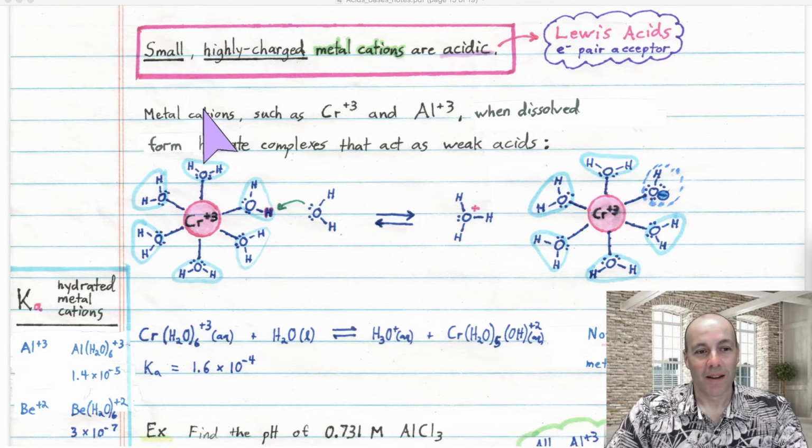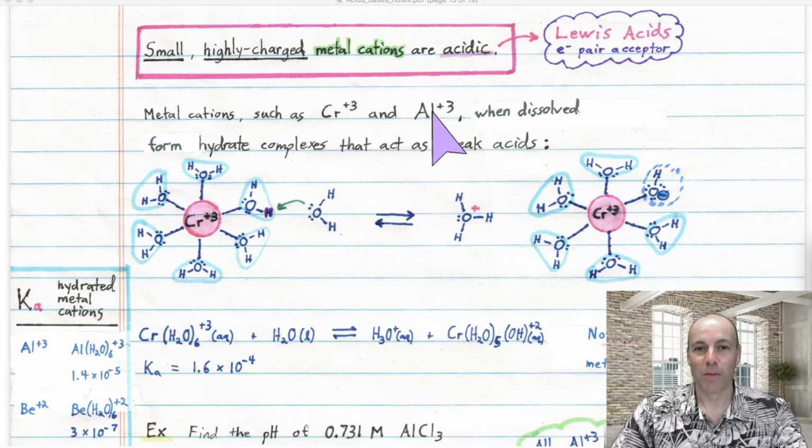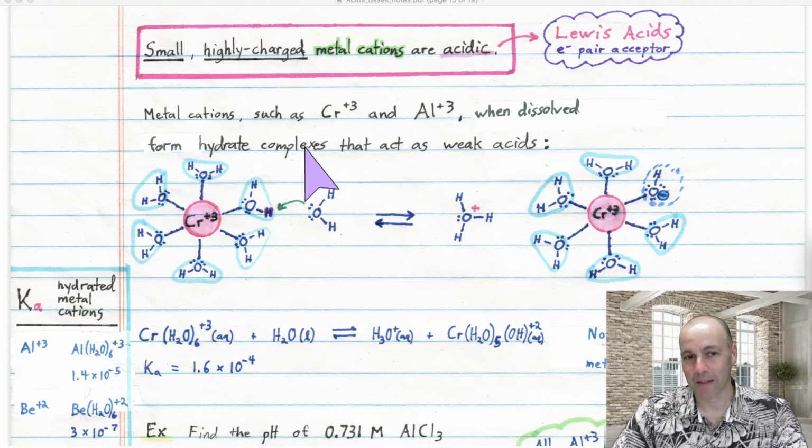So metal cations, which are small, highly charged, such as chromium +3 and aluminum +3, when dissolved in water, form these hydrate complexes, and those complexes act as weak Arrhenius acids.